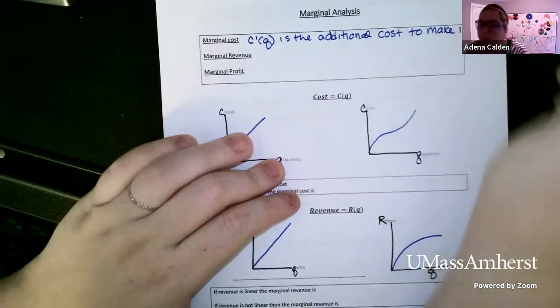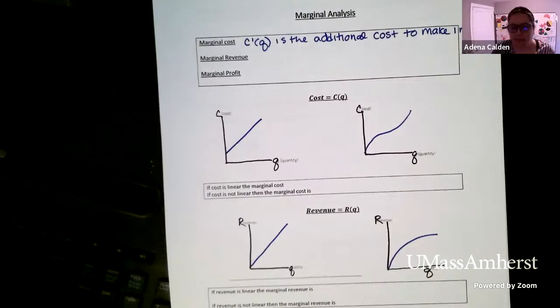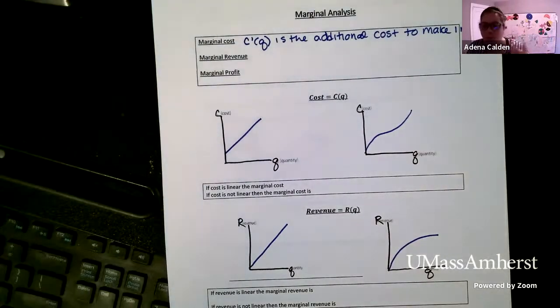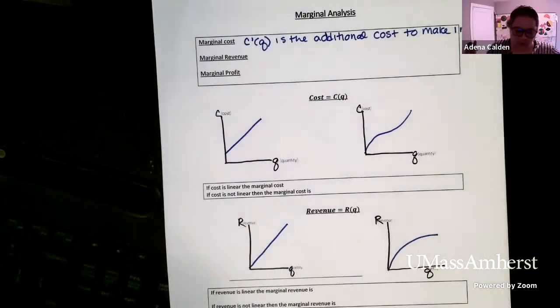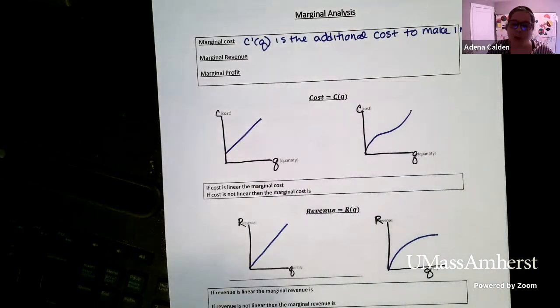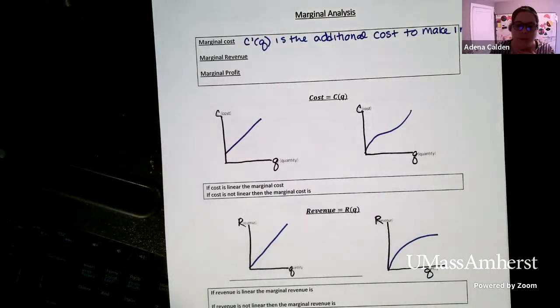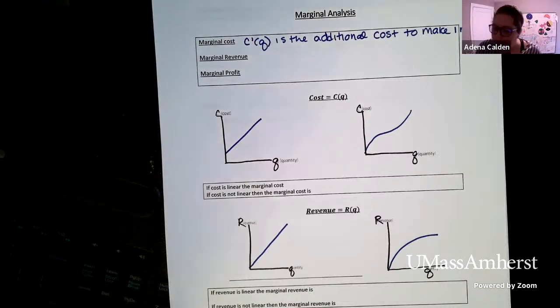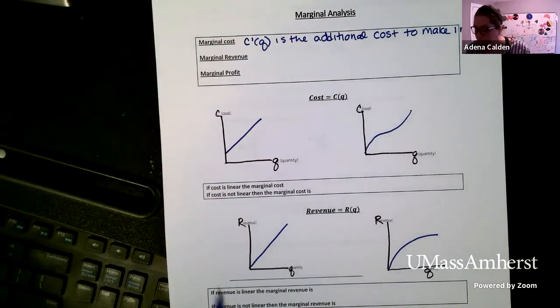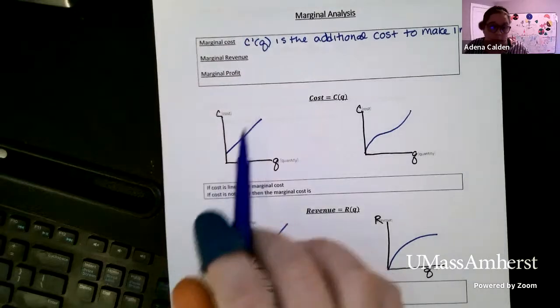So as a reminder, when we talk about cost, you're thinking about it from a manufacturer standpoint. So you are the one making the items that you're going to be selling. And so how much more does it cost you to make one more? That's marginal cost, okay?